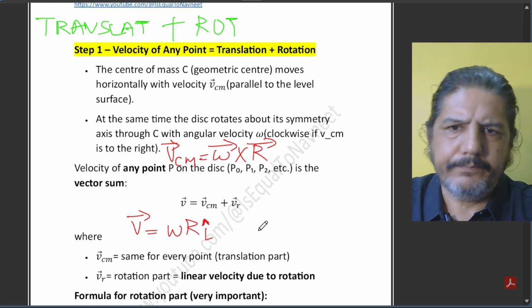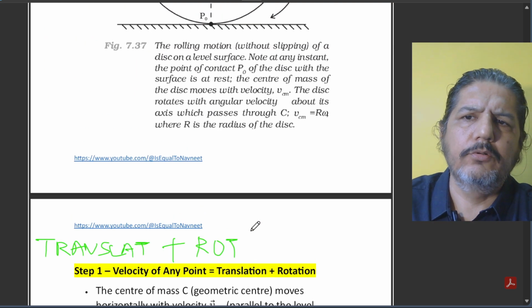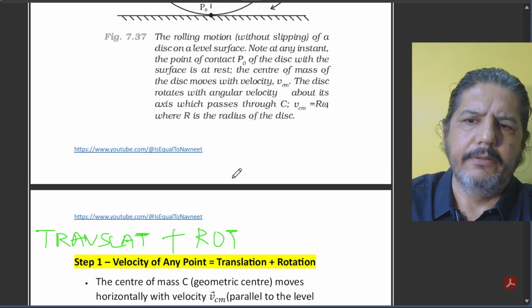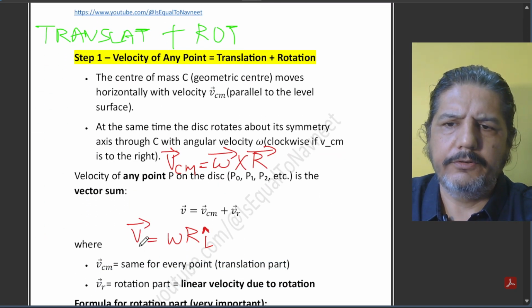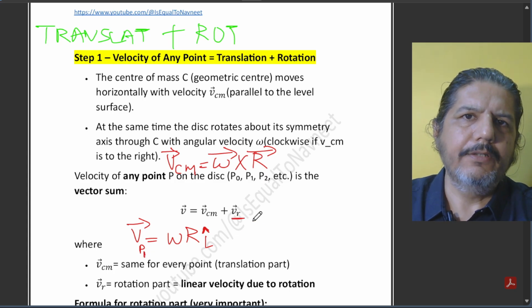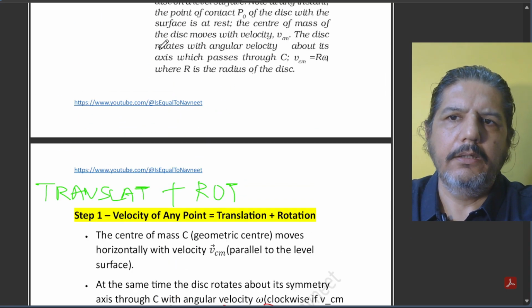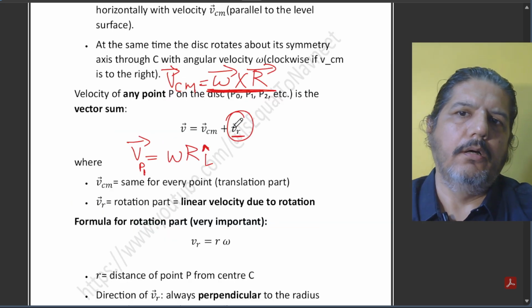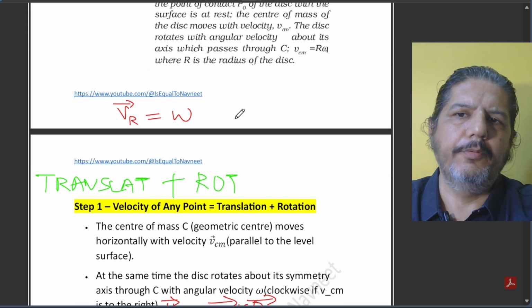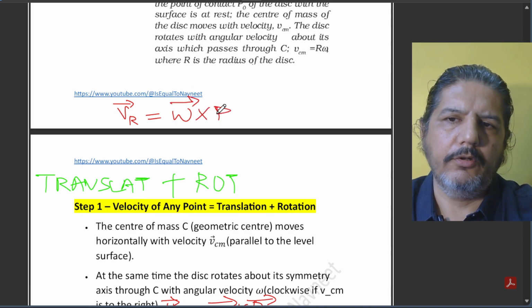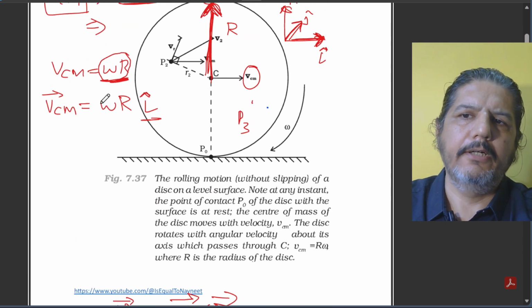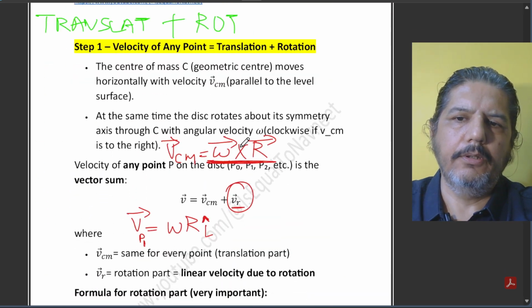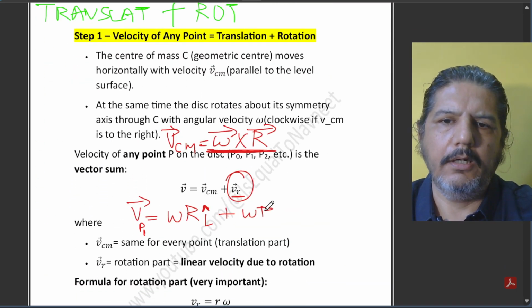Let us assume I am trying to calculate the velocity at P1 only. Now this component is Vr, which is the rotational part of the velocity. For the rotational part, again the formula used would be omega cross r, and we have calculated this is equal to omega r I cap plus omega r I cap.